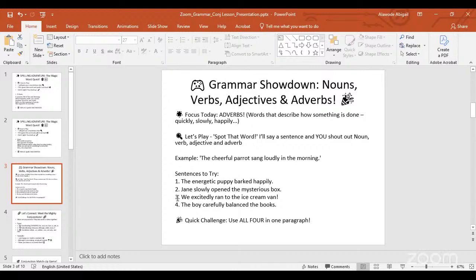All right. Number 3. We excitedly ran to the ice cream van. Excitedly, adverb; ran, verb; ice cream van, noun.